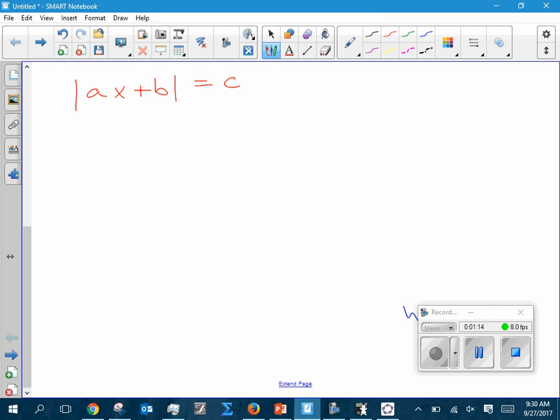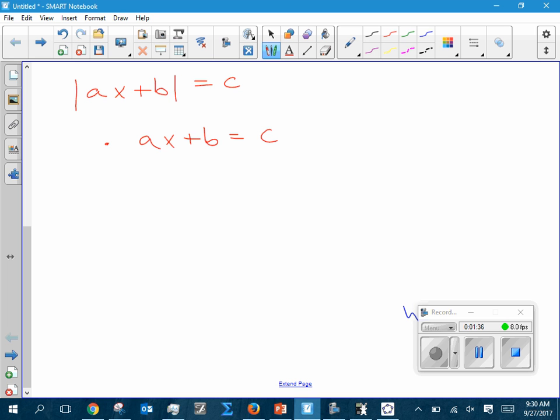So here's the rule that we abide by. If I have the absolute value of ax plus b equal to c, the first thing you do is write the equation ax plus b is equal to c, and you solve that equation. Ultimately, you just got rid of the absolute value bars and solved what's left over, right?